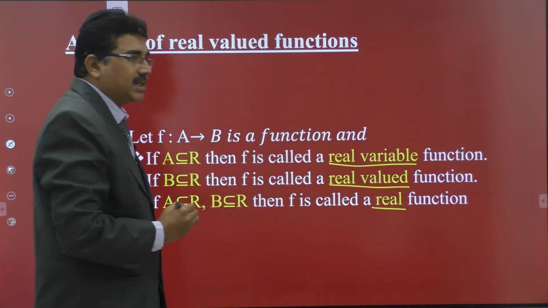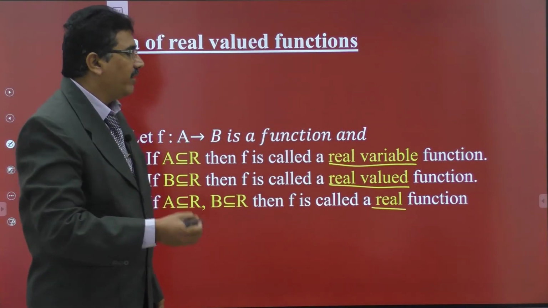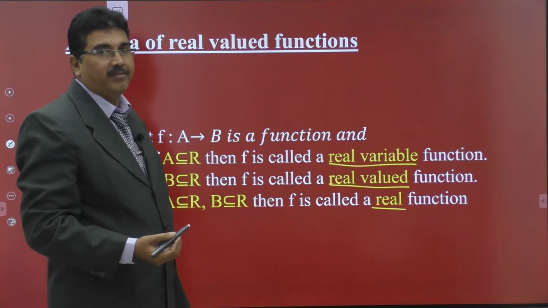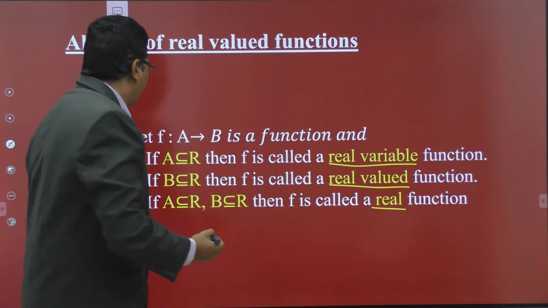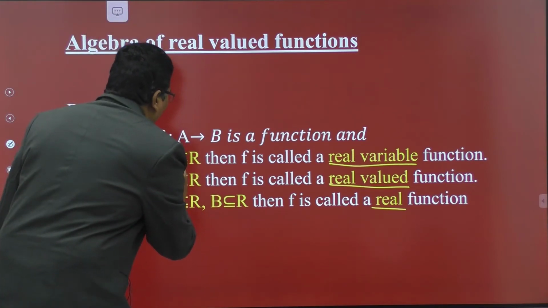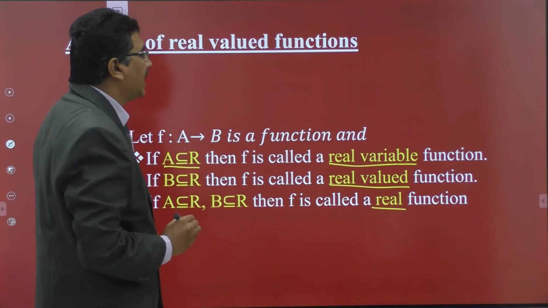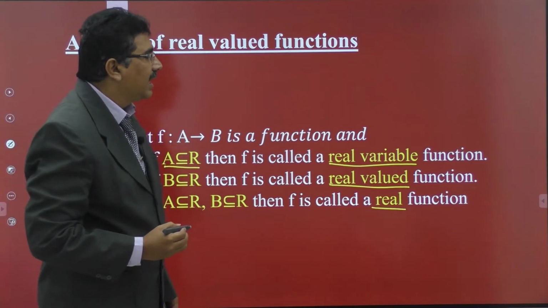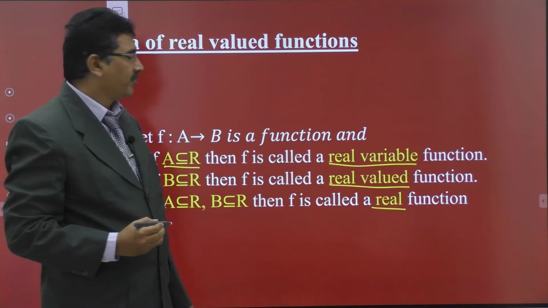When do we say that a function is real variable, real valued, or a real function? If A is a subset of R, that is, the domain is a subset of R, then f is called a real variable function.